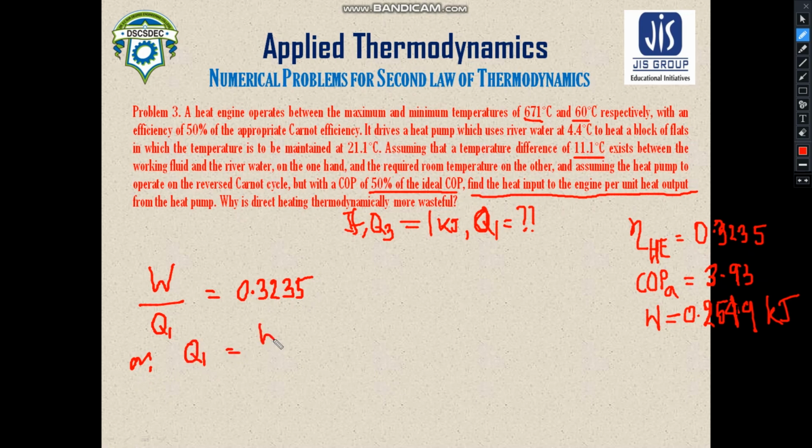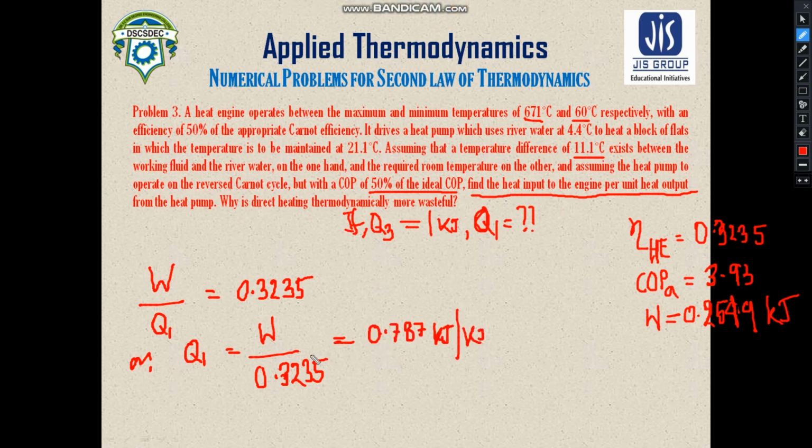That would be W divided by 0.3235. So this is very simple, and you will find the value of Q1. I need to calculate it, so just give me some time and I will give you the final result.